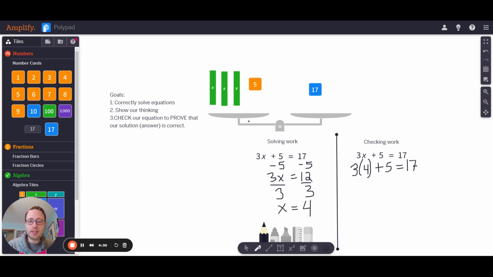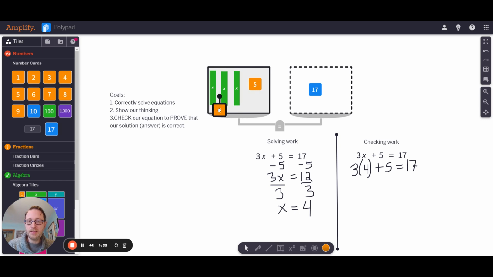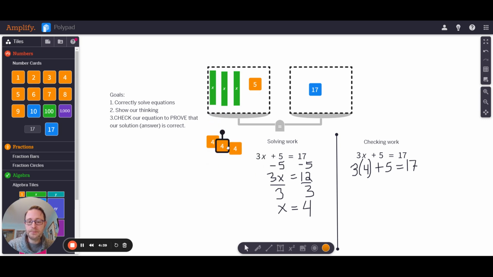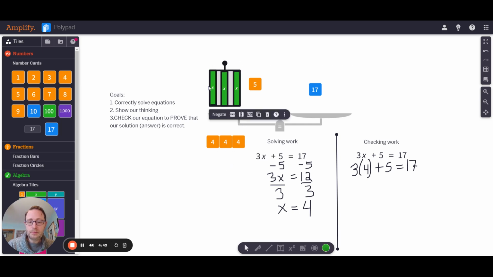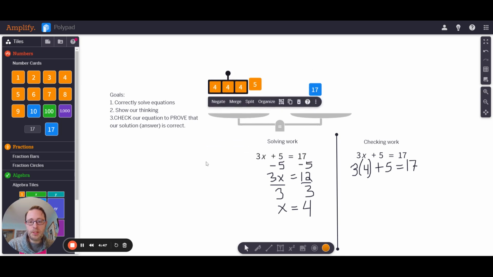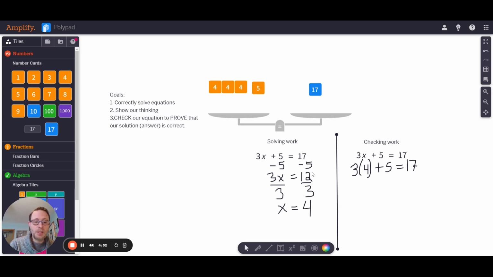Here, on the balance scale, it's a little weird to model, but we can do that. We can replace every x with a 4. So let me grab 3 4s, since there are 3 x's. And replace them. So that gives me a little bit of confidence, right? We're going to still show how that looks in the work over here, which we're going to expect you to do.